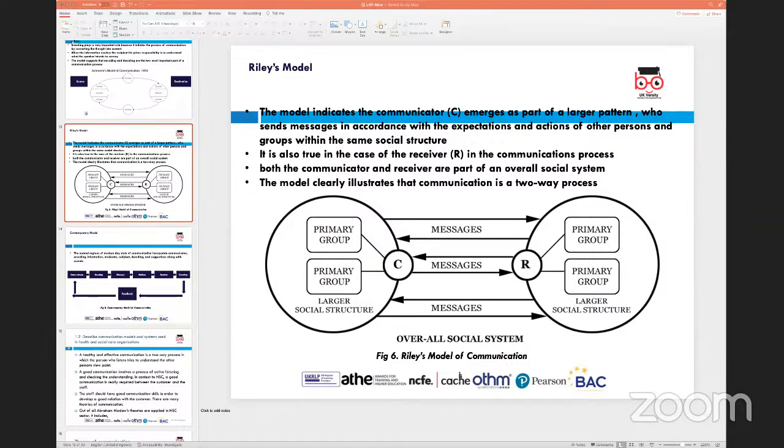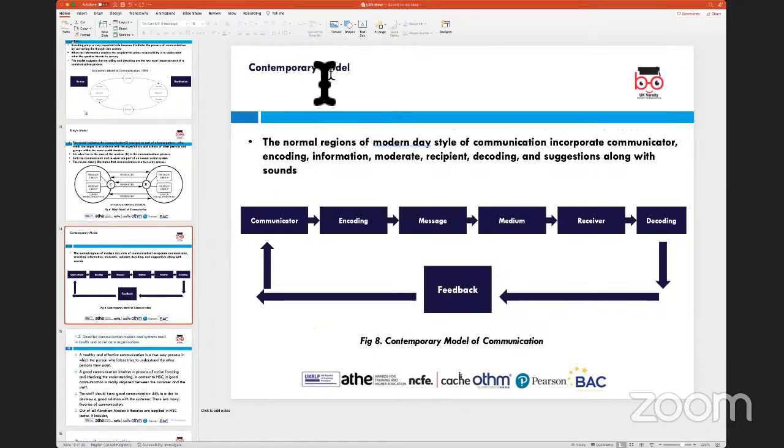This model would be seen in team meetings, or for example, when I as a lecturer break you into different groups and put you into different rooms, and ask you to do a group discussion. And when you come back together and present to each other, this would be part of a larger social group in which these discussions or communications happen. That is where we would generally see Riley's model being used as far as communication is concerned.